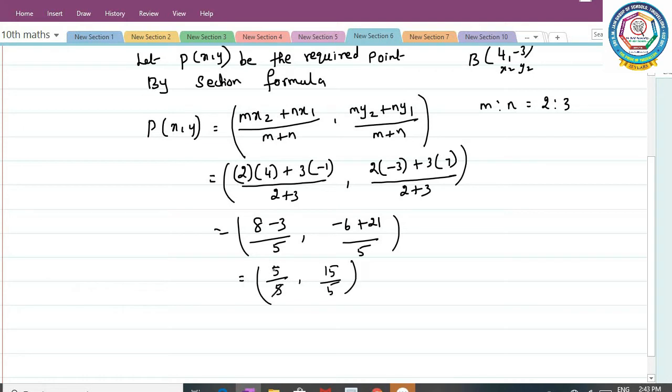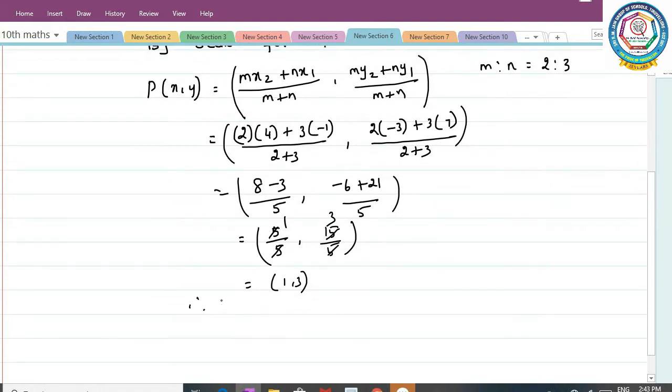By the 5 table one time, and here the 5 table 3 times. So P of (x, y) is (1, 3). Therefore the required point P of (x, y) is (1, 3).